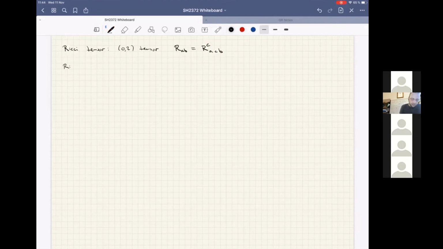We also have the Ricci scalar, which, as the name suggests, is a scalar. If we have a metric, it's going to be the trace of the Ricci tensor. So I'm going to write it R, and it's g^AB R_AB. Or if you want to express it directly in terms of the curvature tensor, g^AB R^C_ACB.